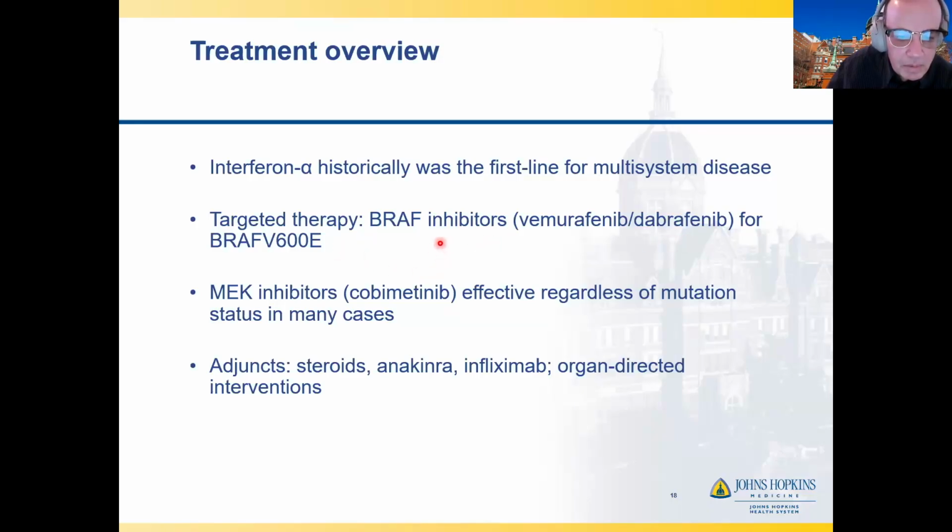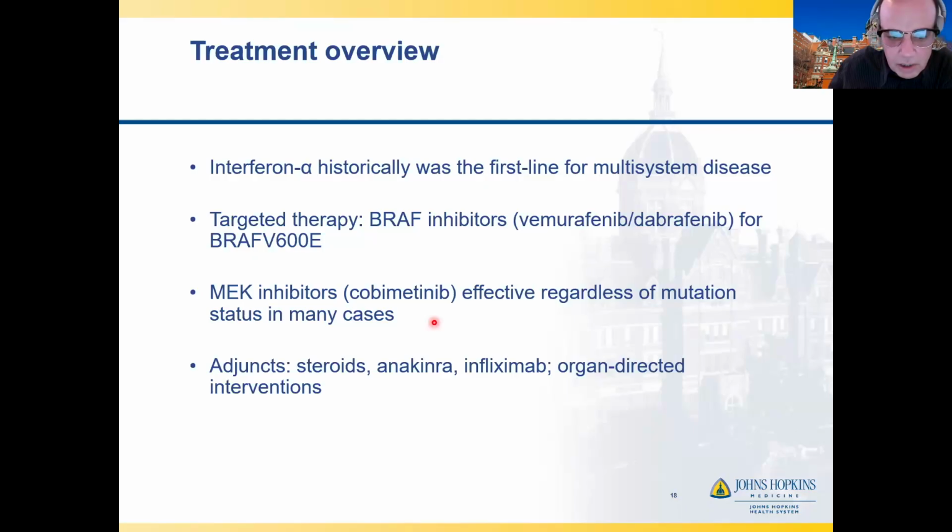And then a lot of patients don't tolerate the BRAF inhibitors, so I switch them to the MEK inhibitor, which is cobimetinib, which a lot of patients do well on. We have to adjust the dose sometimes. So the one thing about the MEK inhibitor is that it doesn't matter whether you have the BRAF mutation or not.